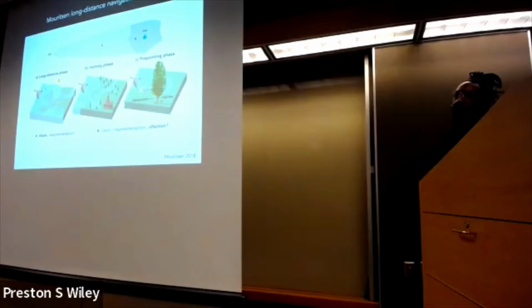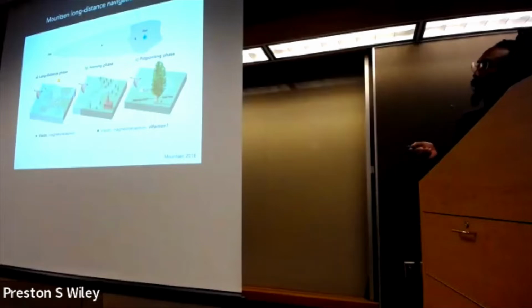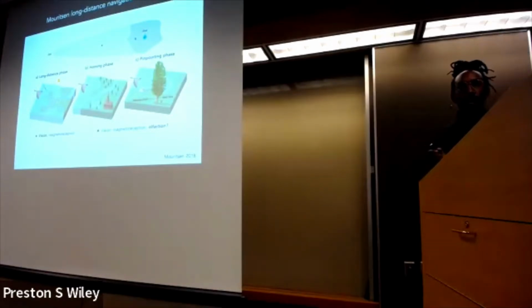So first, for the navigational mechanisms, the framework that I tend to think about this is the Morton long distance navigation hypothesis. And the basic idea is that a long distance trip can be broken down into 3 different phases of the trip. There's an initial long distance phase where you just need to go some broad direction that's south or southwest for monarchs.